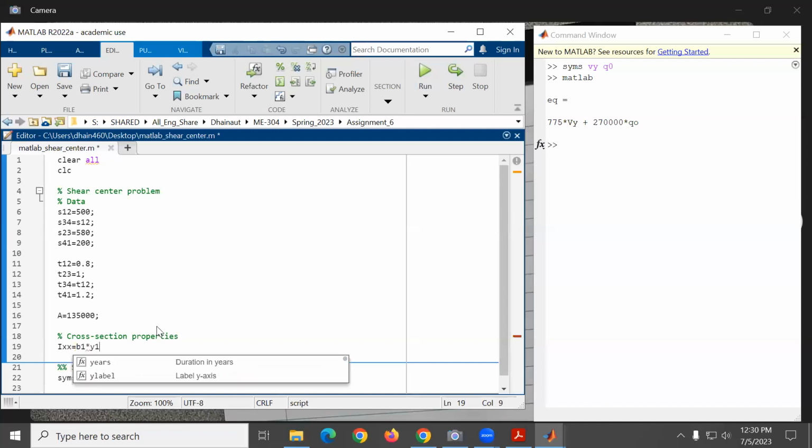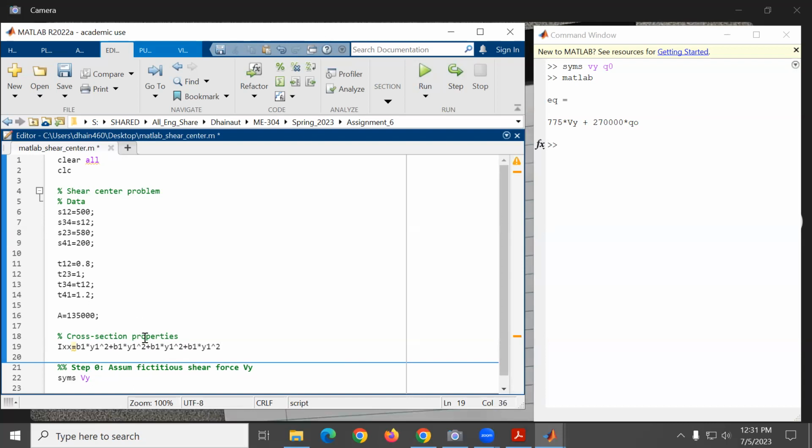B1 times Y1 squared, oops, we need to change that one, plus B2 Y2 squared, plus B3 Y3 squared, plus B4 Y4 squared.